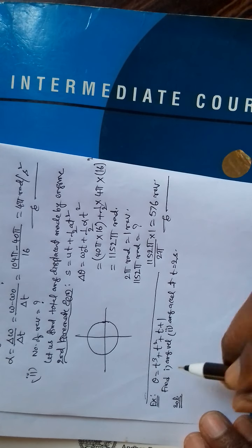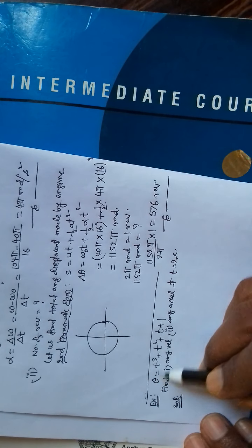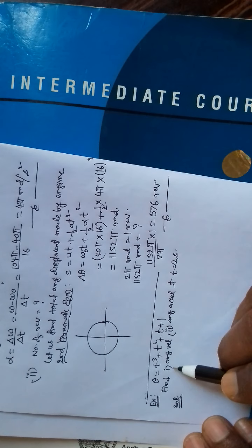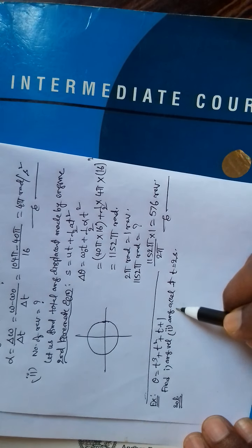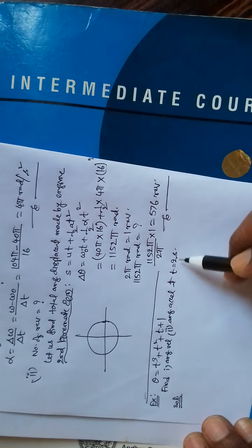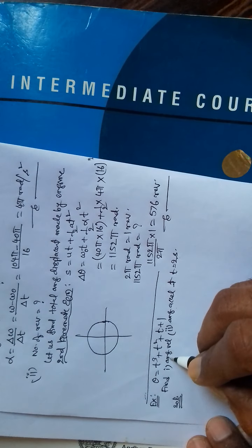Let us do another problem. Angular displacement is given by this expression, and you are asked to find angular velocity and angular acceleration at t is equal to 2 seconds. Let us find angular velocity.